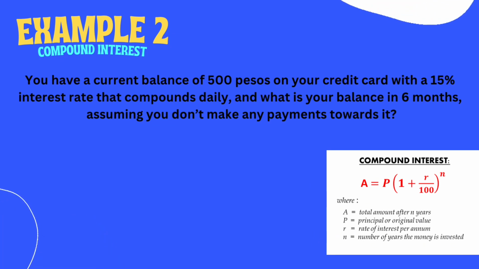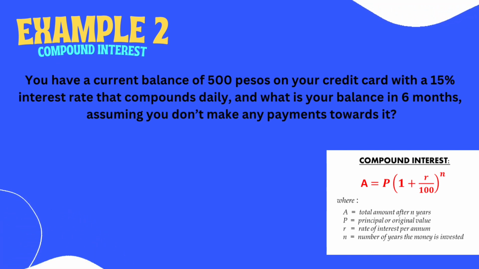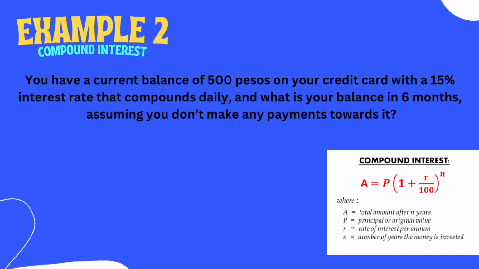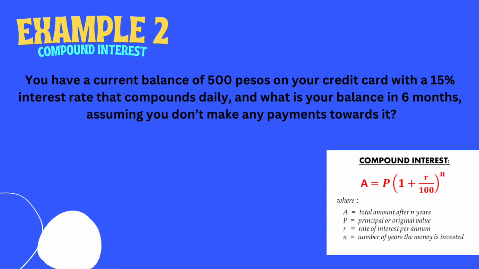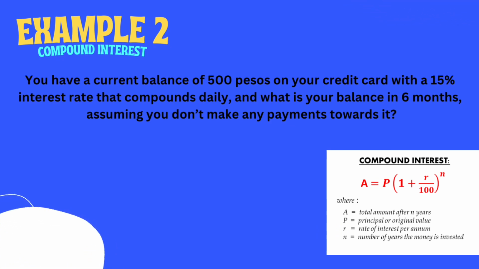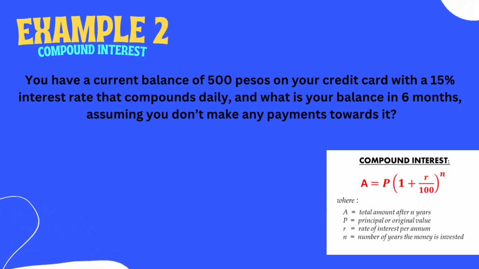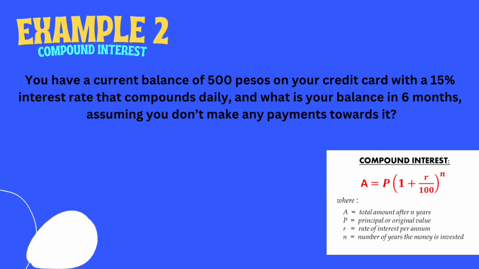They are notorious for having super high interest rates. So, let's say you have a current balance of 500 pesos on your credit card with a 15% rate that compounds daily, na isang standard sa totoong buhay. And what is your balance in 6 months, assuming na hindi ka nagbabayad?